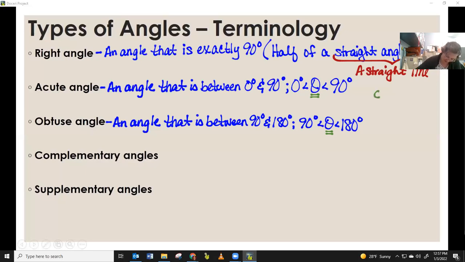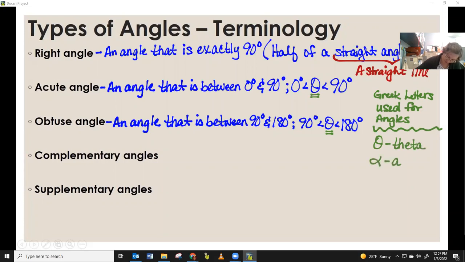That is a theta. We will often use Greek letters for angles. So some of the more common ones, theta gets used a lot.